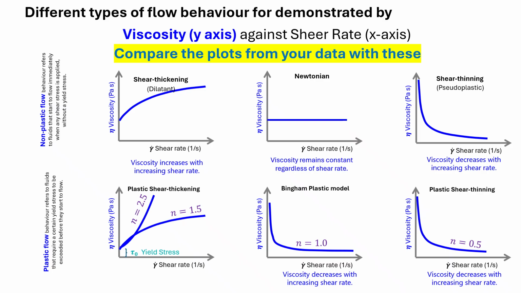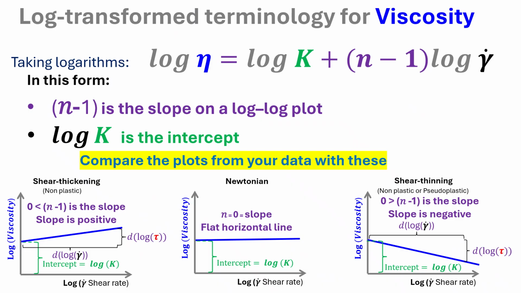And what we're really wanting to do is to make sure that you're able to say what sort of viscosity profile you're getting from your creams and ointments. And is that shear thickening? Is it Newtonian? Is it shear thinning? And you should be able to look at your graphs and make a comparison to these graphs here and tell me something about that in your report.